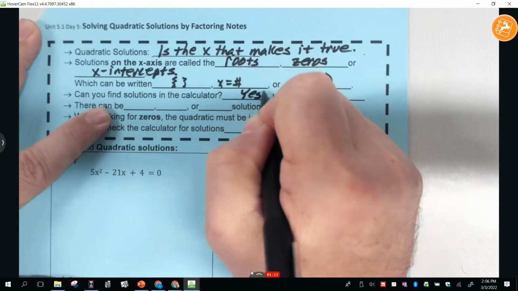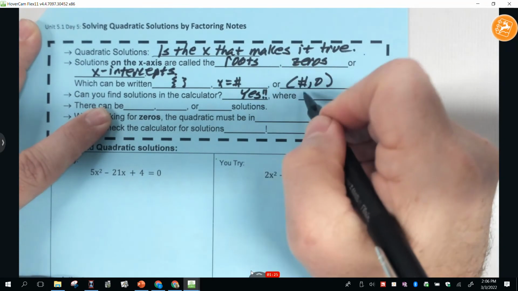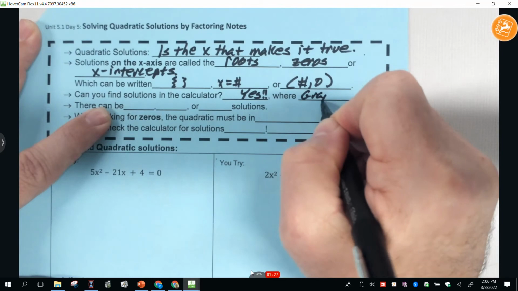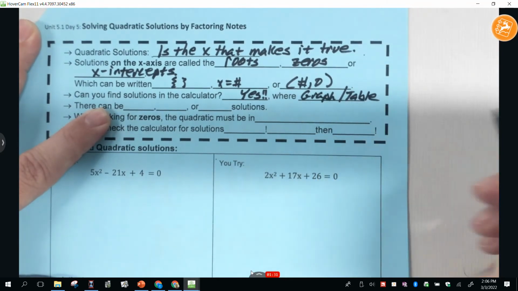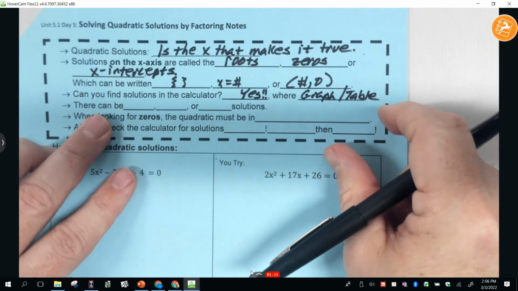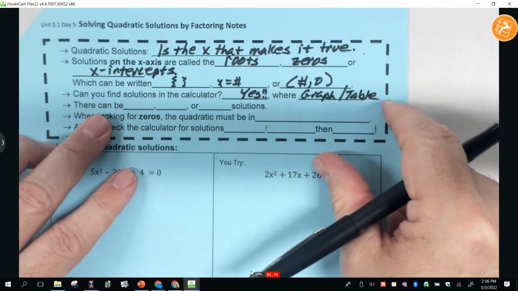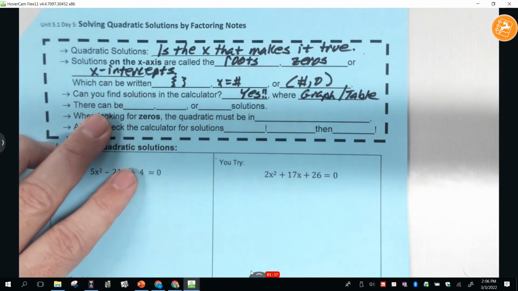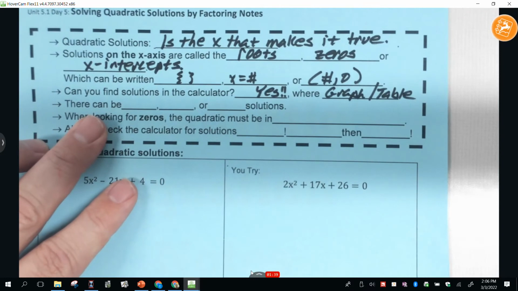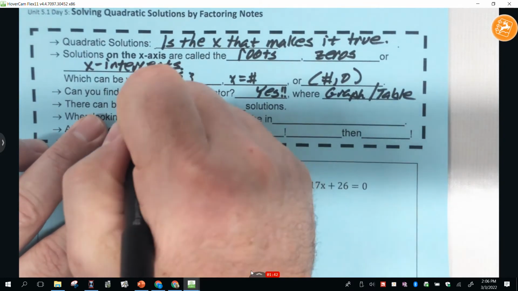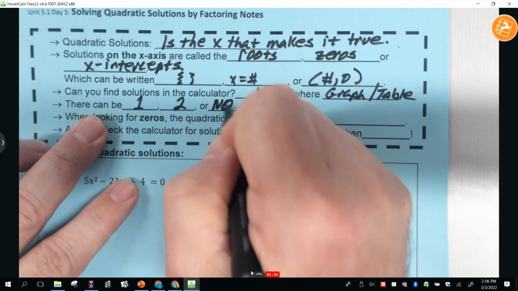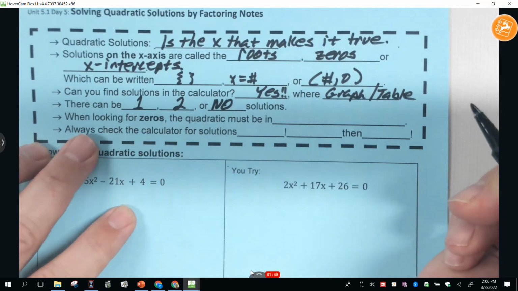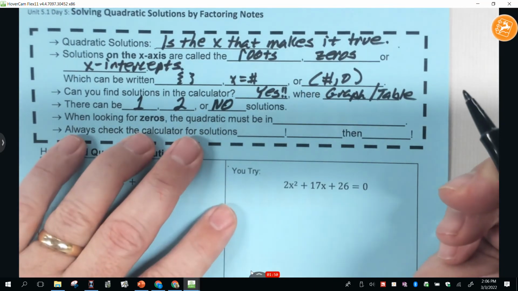Yes, you can either look at the graph or the table. When it comes to roots, x-intercepts and zeros, there can be either 1, 2, or no solutions.